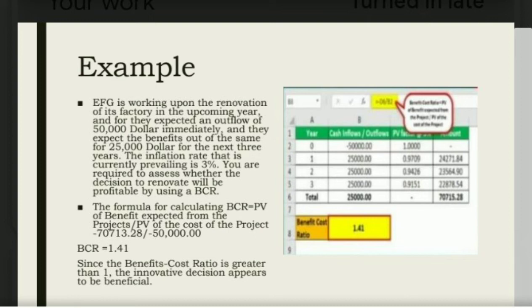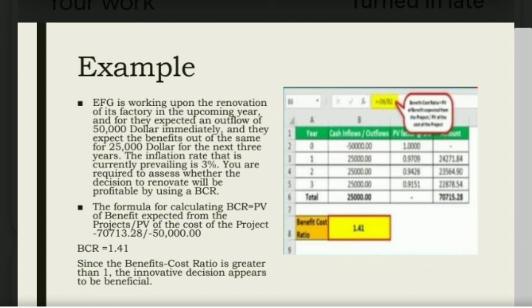To do the cost benefit analysis, first we need to express both cost and benefit in today's value. Since the outflow of $50,000 is immediate, it would remain the same. Since the gains are in future value, we need to discount them back using a discount rate of 3%.